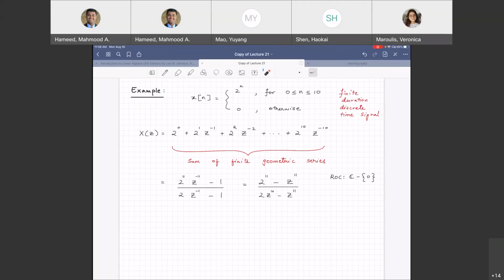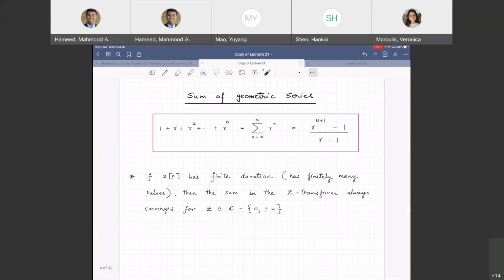How can we relate this back to Laplace? When you had a finite duration signal in Laplace, what was your region of convergence? All of the S plane. Exactly the same way as it appears over here.